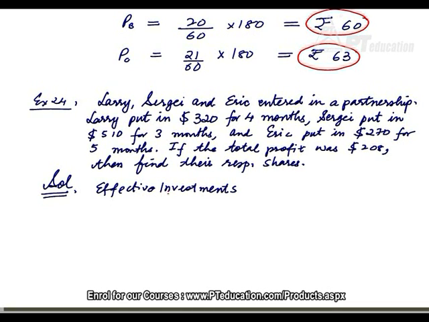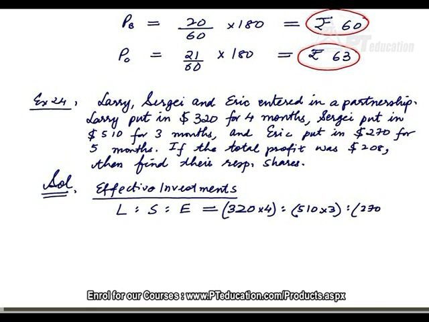So the effective investments for the 3 partners, Larry, Sergey and Eric, will be 320 into 4 is to 510 into 3 is to 270 into 5, which if further simplified gives us 1280 is to 1530 is to 1350, which gives us 128 is to 153 is to 135.